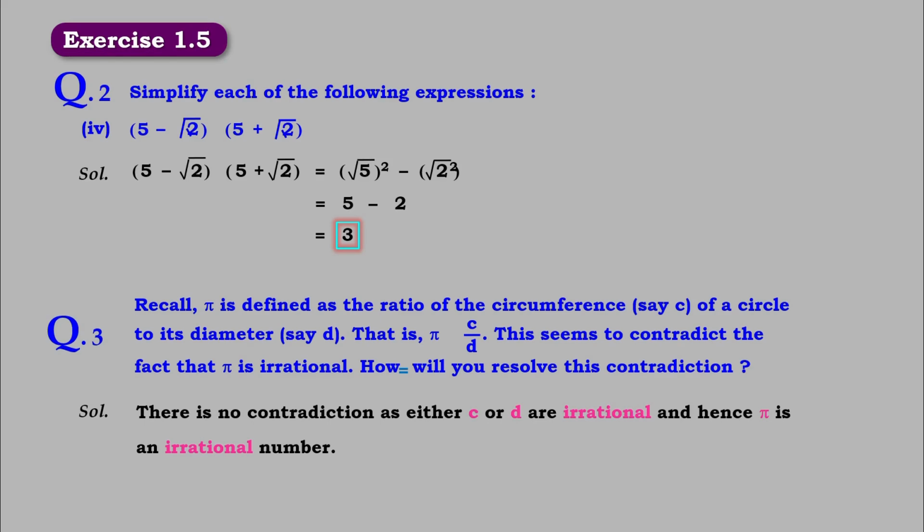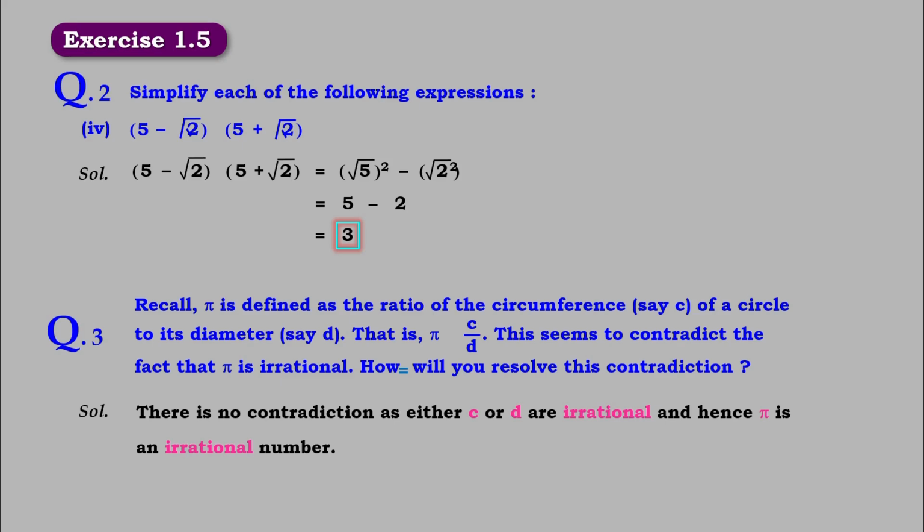Normally we consider the rational p by q, where p is an integer and q is an integer. But since pi is related to a circle, a circle means a diameter and circumference, which we consider as a length, a measurement. So measurement can be a decimal also. It may be a decimal.